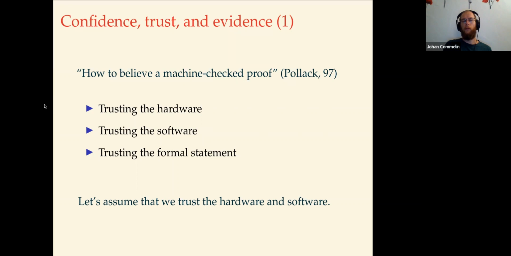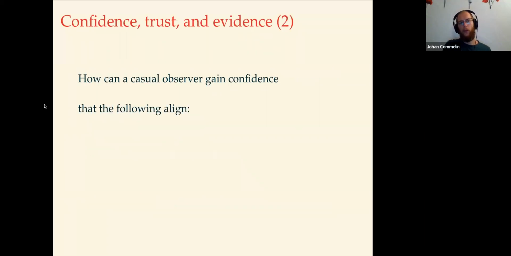I already showed you what the formal statement looks like in Lean, and also what it looked like in the LaTeX version, or at least this HTML rendered version of the LaTeX document. And they looked quite similar. But how can a casual observer actually gain real confidence that the following three align?